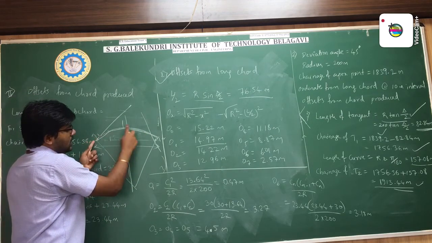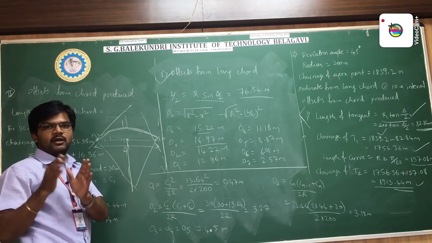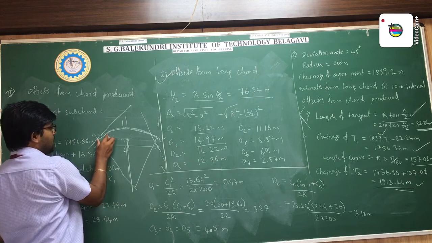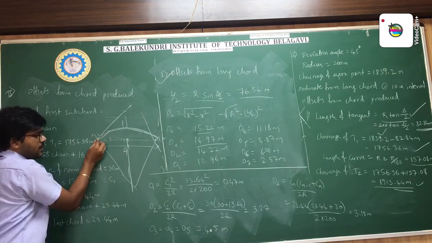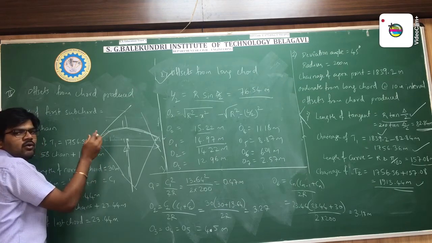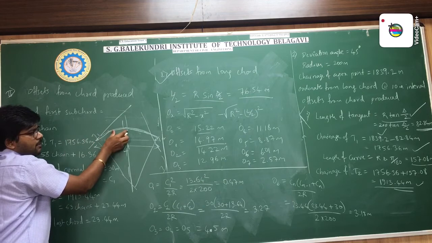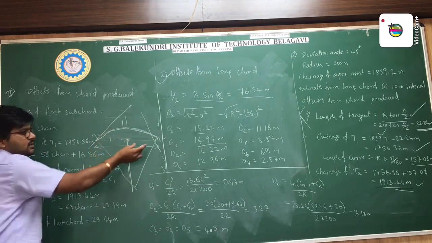Based on the length of curve, the number of chords is defined. The first chord from the beginning of T1 is called the initial chord or first chord, in between these are called normal chords, and the last one is called the last chord.